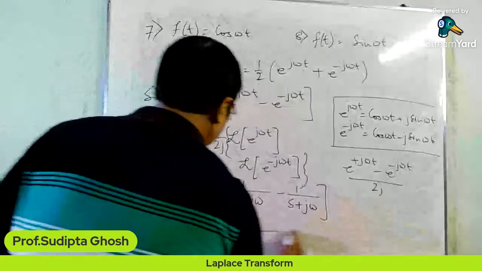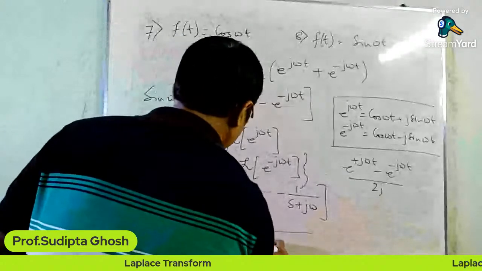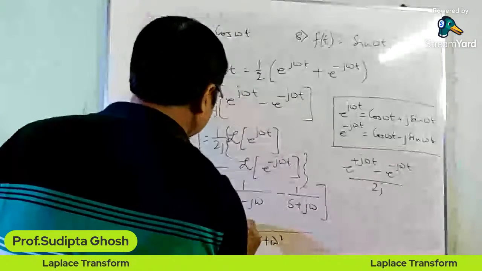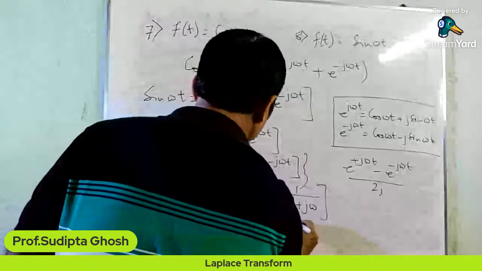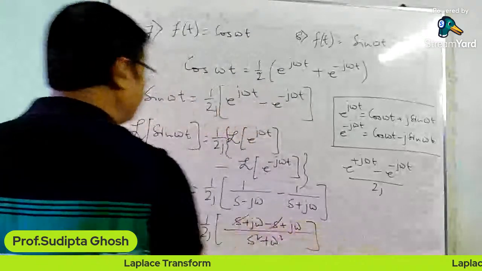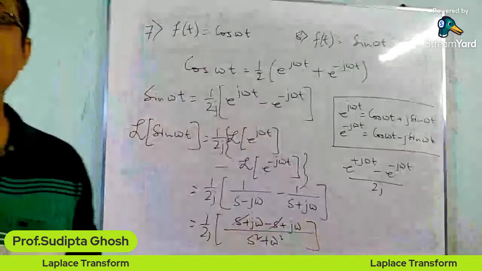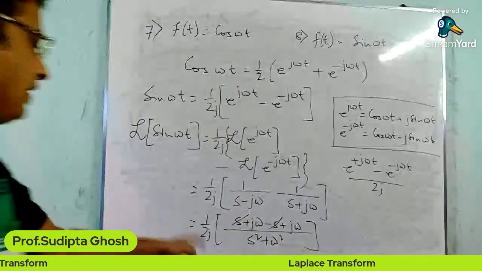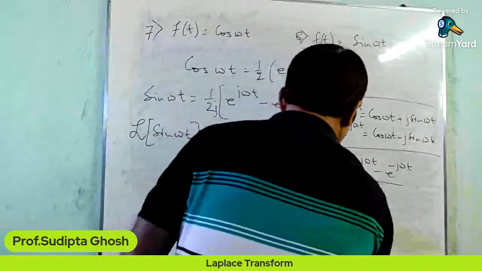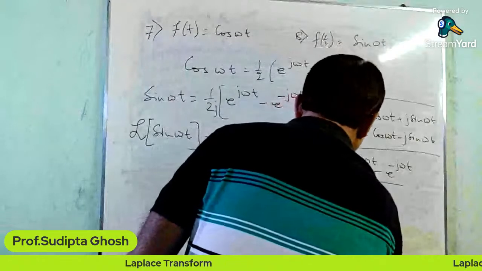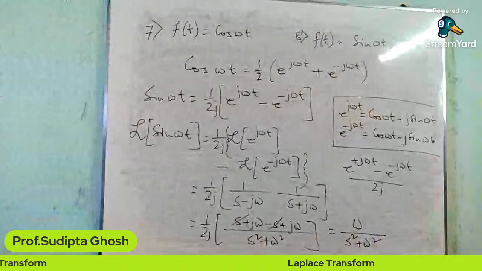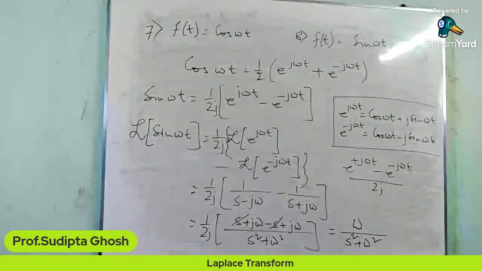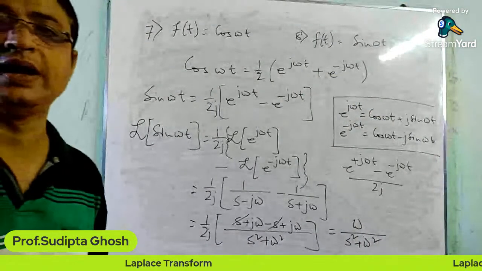By simplifying, we have s square plus omega square, and then s plus j omega minus s plus j omega. So s cancels with each other. We have twice j omega divided by twice j, so that will give us omega by s square plus omega square, right?